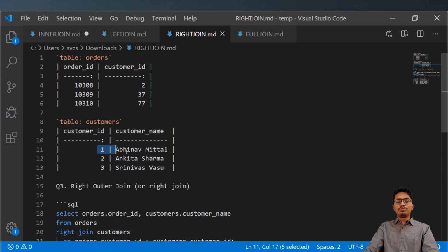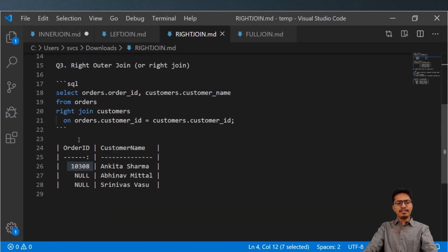If you try to say, for this final matched row, orders.order ID in a right join, for this row it's going to give you null. For this row it's going to give you null. For this row, because it actually had a match, it's going to give you 10308, right? So this is what a right join is.